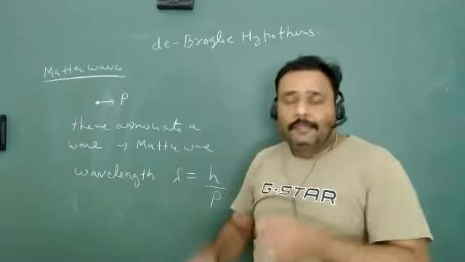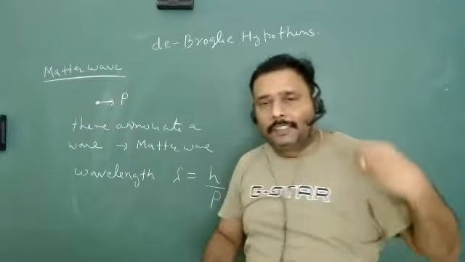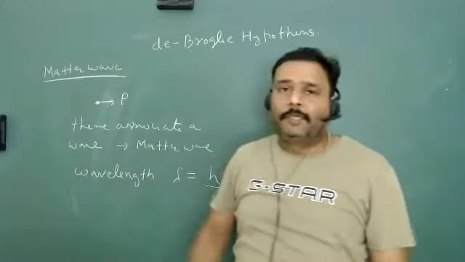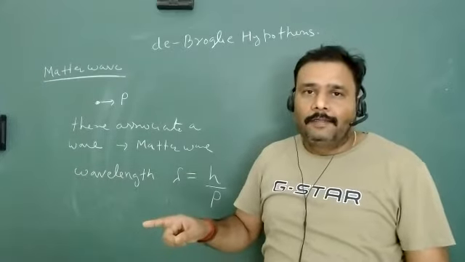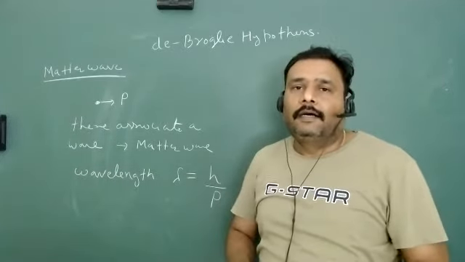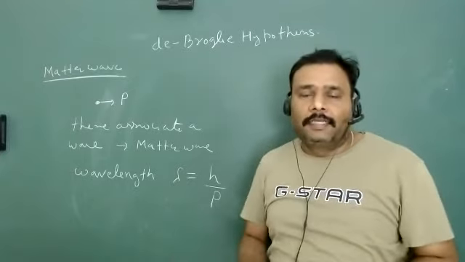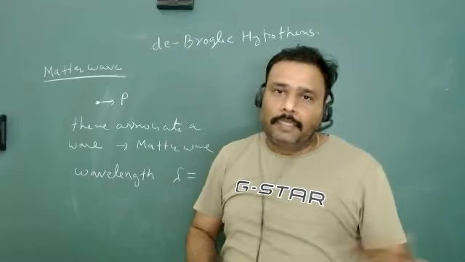Not two electrons: one electron you send, then another, then another, and the electrons will give you an interference pattern. The single electron will give you an interference pattern. You can be mesmerized by how this can happen, but yes, it is verified in the lab. So we cannot neglect the concept of lambda.